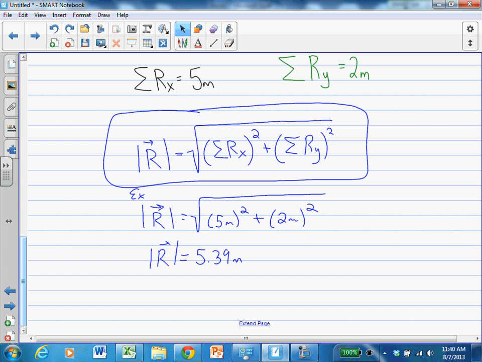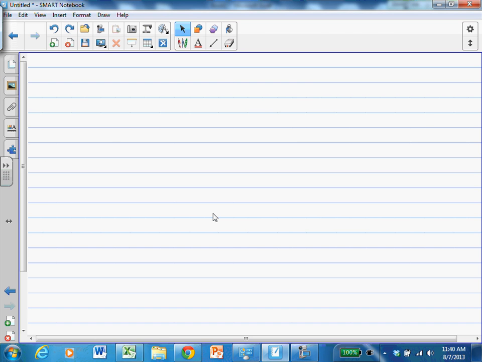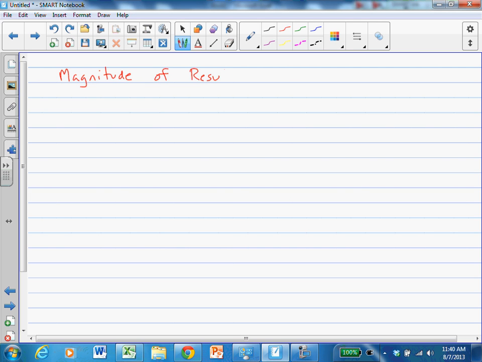But in summary, what you could do now for adding a lot of vectors to get the magnitude of the resultant for a number of vectors is the first step.